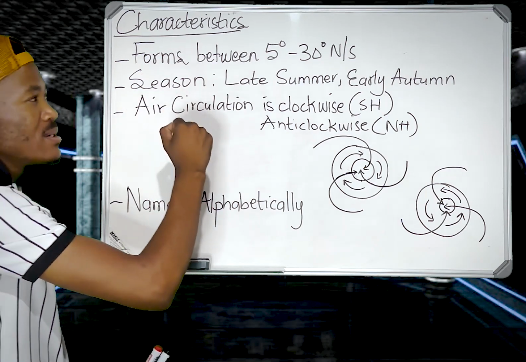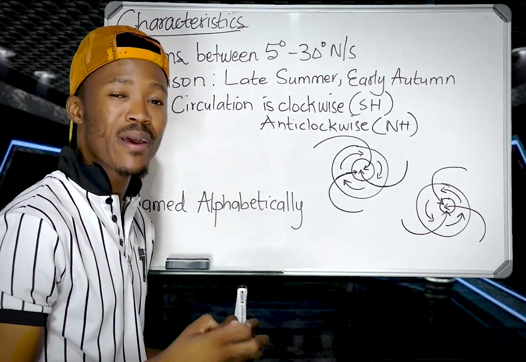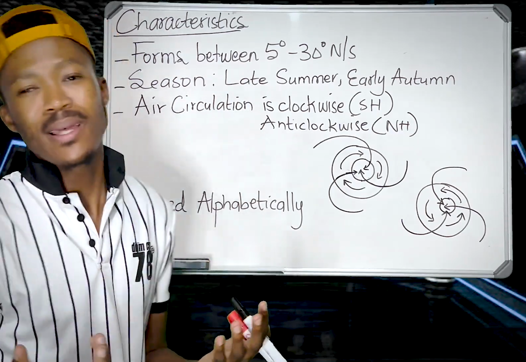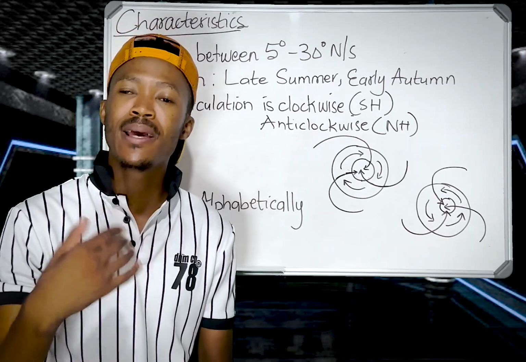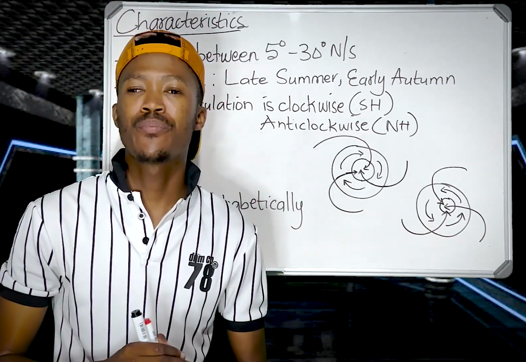Since this is a pressure system, it means that there is circulation of air around this low pressure system. And it is important since it gives you a clue to be able to identify the hemisphere where this tropical cyclone is occurring.